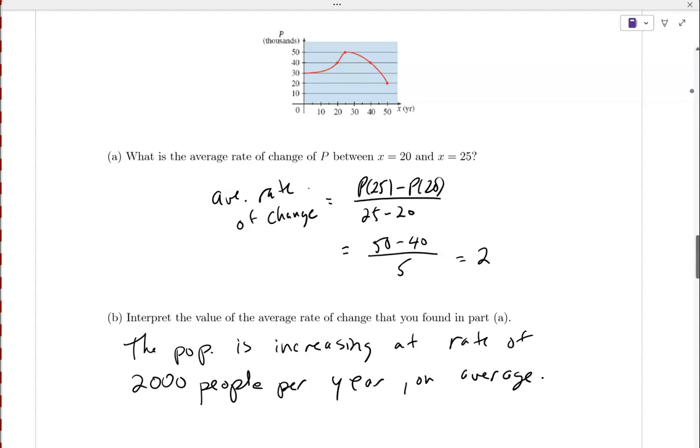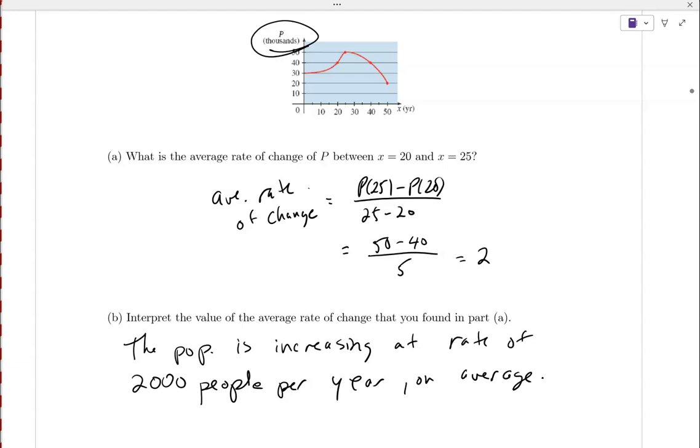It's not exactly 2,000 per year at every single moment, but on average, it's 2,000 people per year. That's what I mean by on average. Again, the reason it's 2,000 is because they tell us P is measuring the population in thousands. So it's not just a 2, it's 2,000 in this case. The units for your y's are thousands of people.